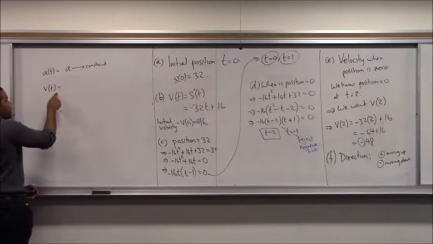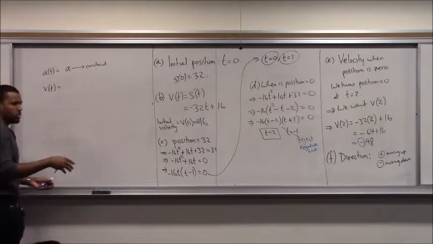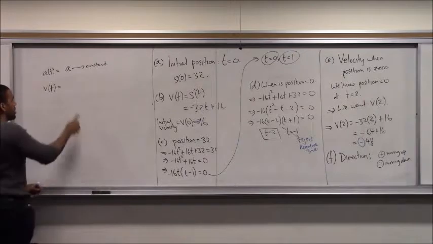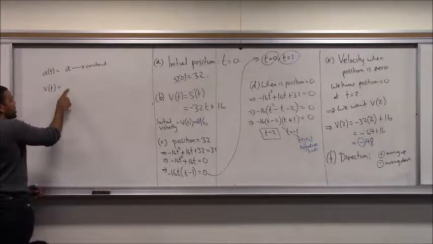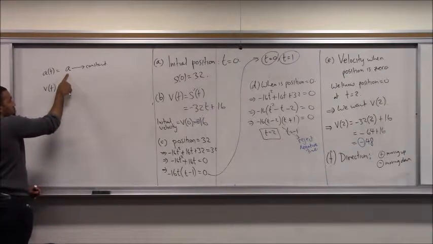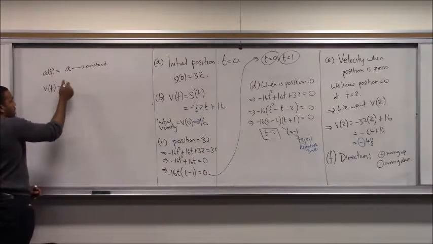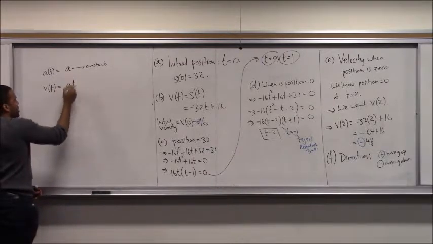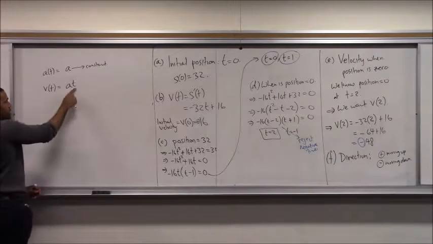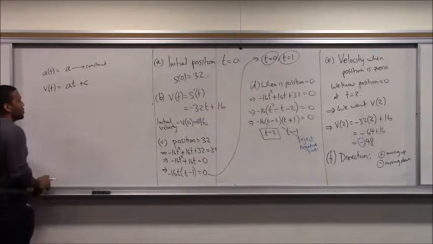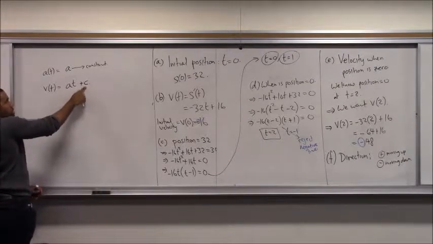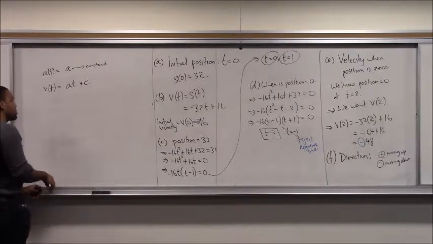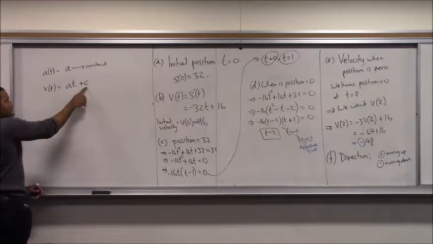So to go back, you do the reverse of that. What would I have to differentiate to get a constant a? Well, I'd have to get a t, because if I differentiate that, it just gets the constant, plus some constant, because if there was a plus 5 here, it would die. And so now you try to figure out what that constant is.